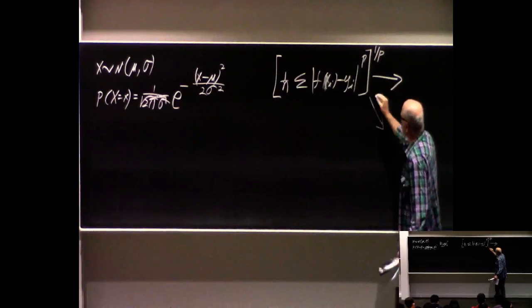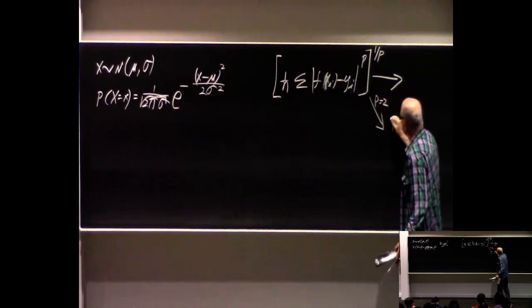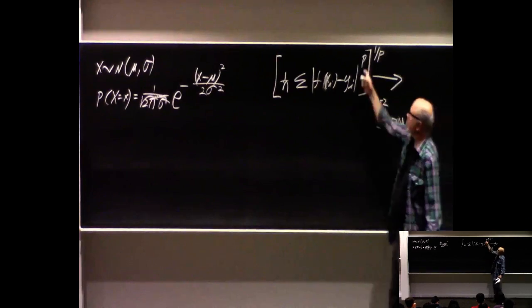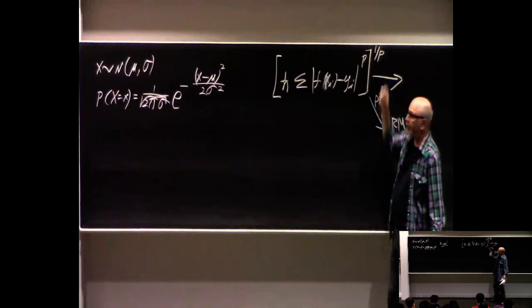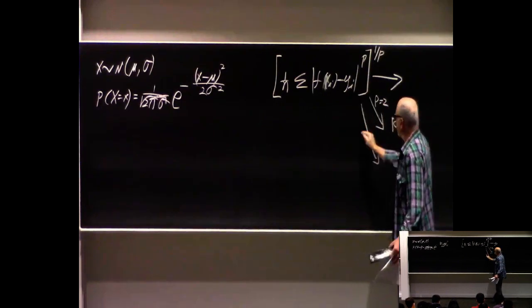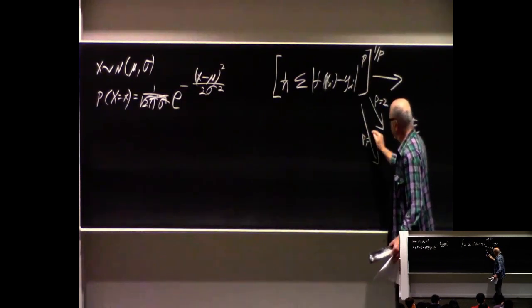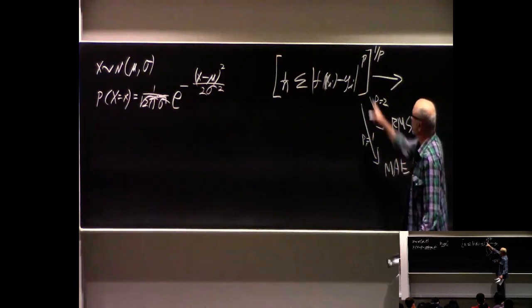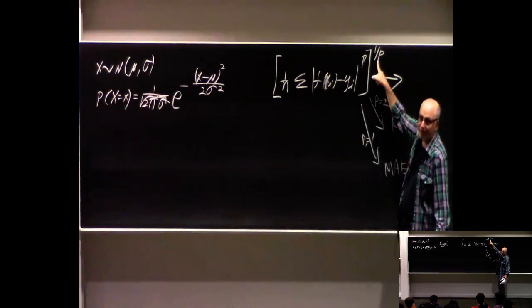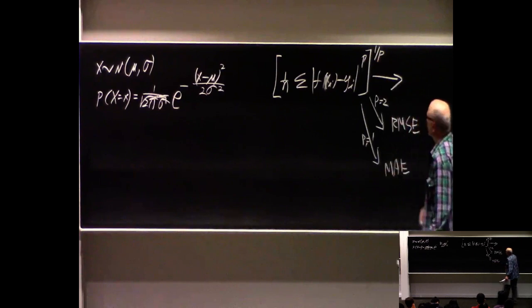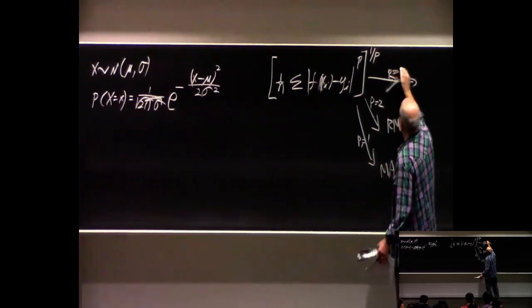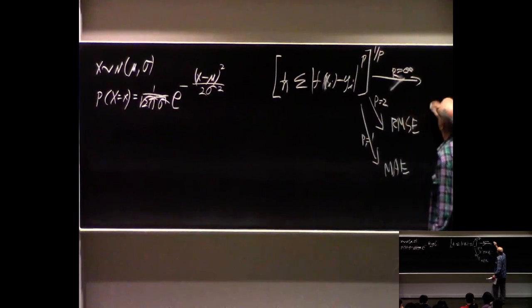Well, for p equals 2, this is root mean squared error. This is the square, this is the root. For p equals 1, this is mean absolute error. This didn't do anything and this didn't do anything. For p equals infinity, this is max.